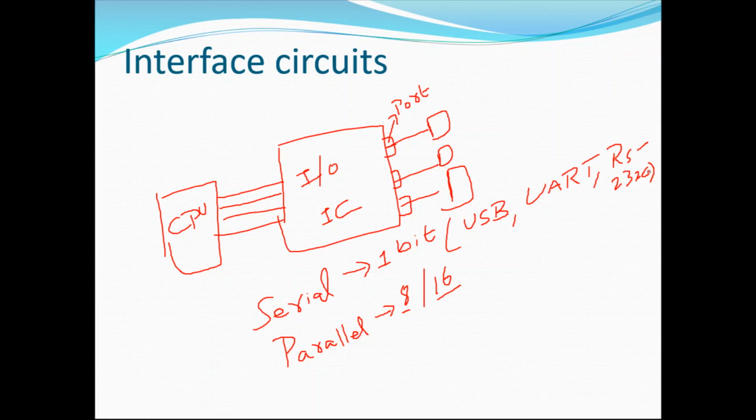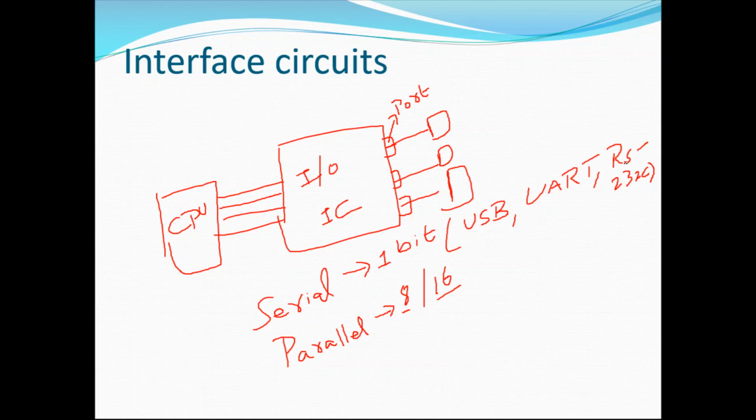In present computers also, you can see there will be one RS232C through which you can connect any serial device. For example, some of you might have worked with Arduino boards.